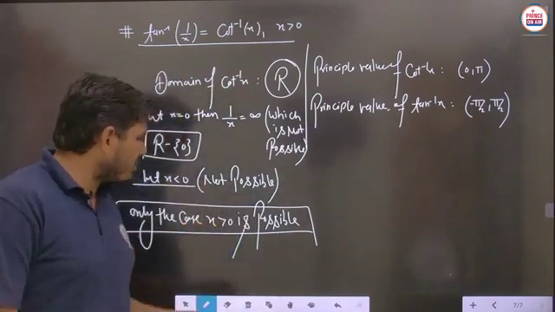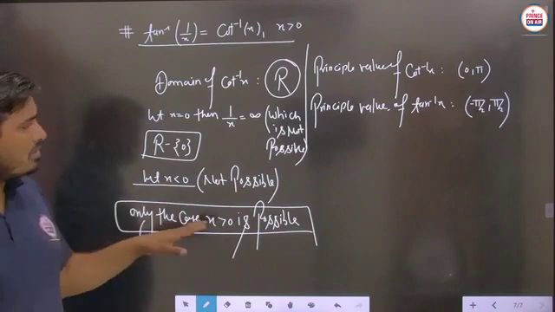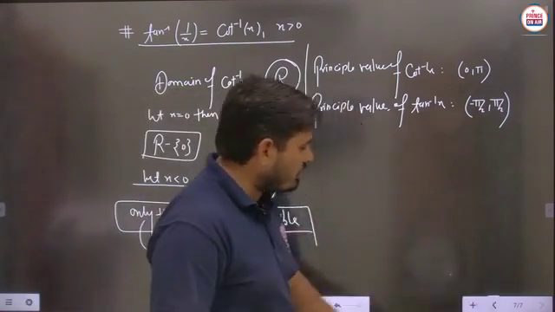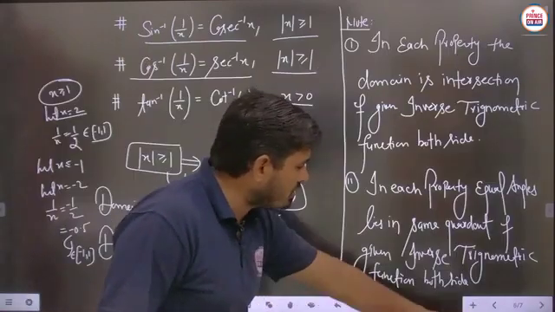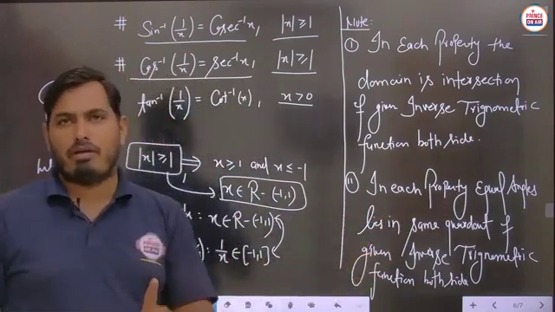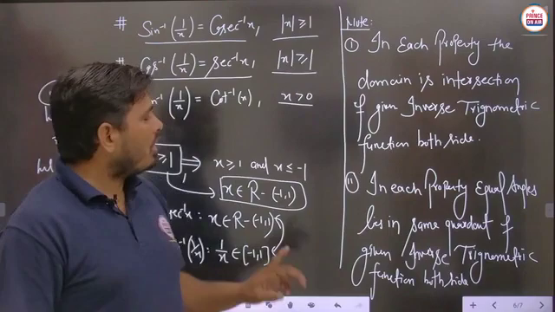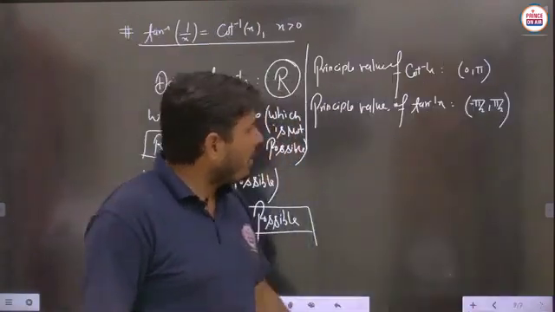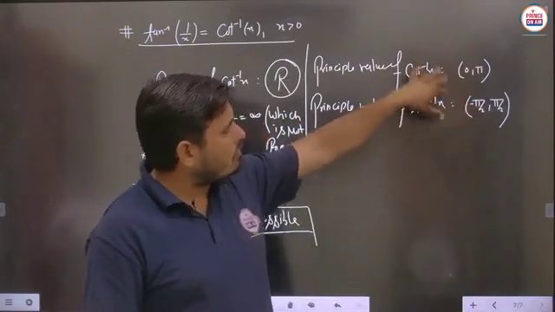So we can say that for x less than 0, means in the second note, we are saying that in each property equal angles lie in the same quadrant, means we have to take the same quadrant. So here, according to the principle, which quadrant is found to be common?